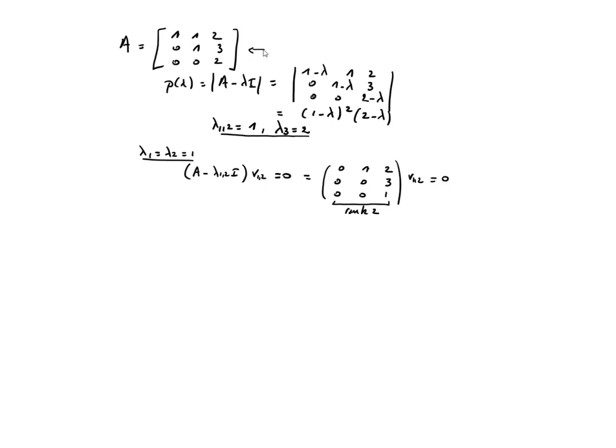So we can only find one vector such that this relation holds. So it will not be possible to diagonalize the system. In this case, for this matrix, it's impossible to diagonalize it.